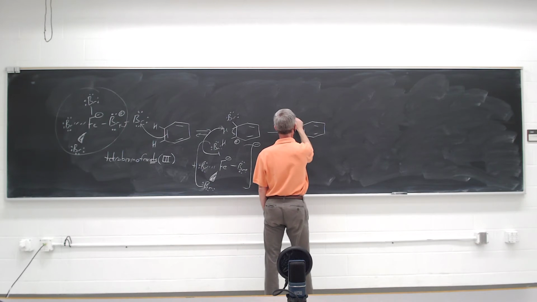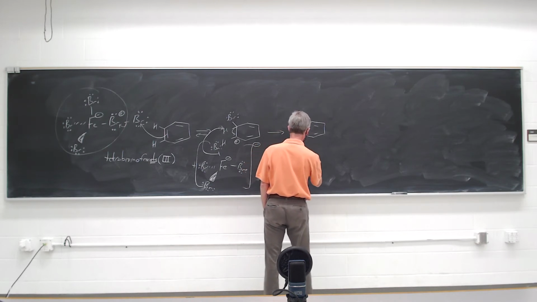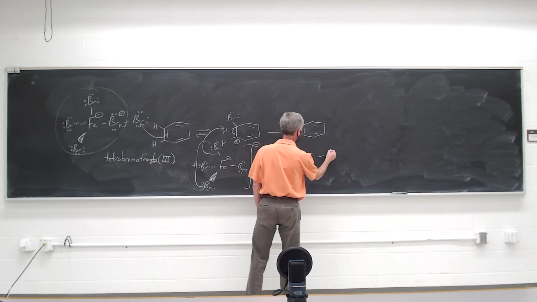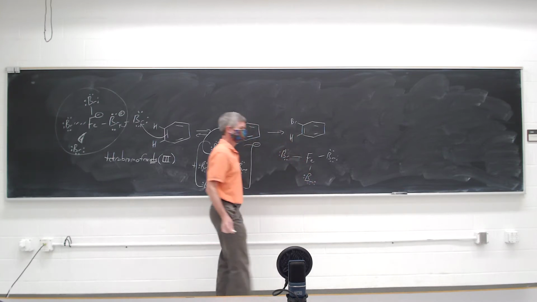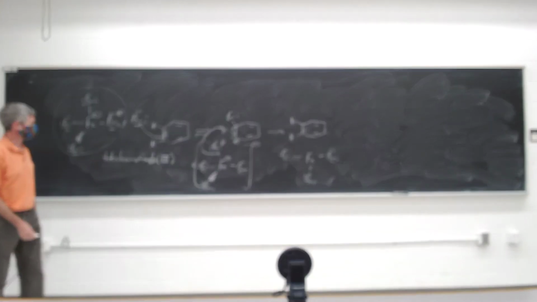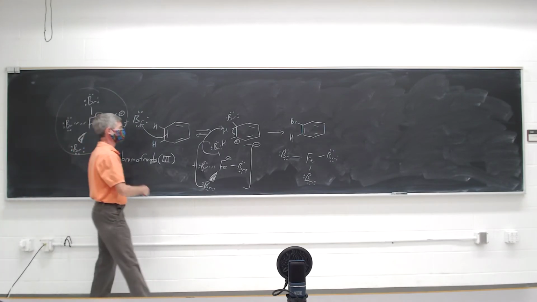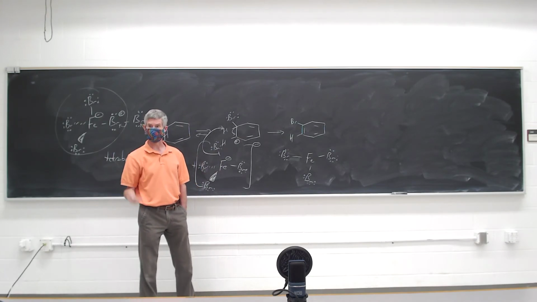So these two steps are the same, right? We have a powerful electrophile that's attacked by the ring, generating the carbocation intermediate, which is quite a bit less stable, now non-aromatic.